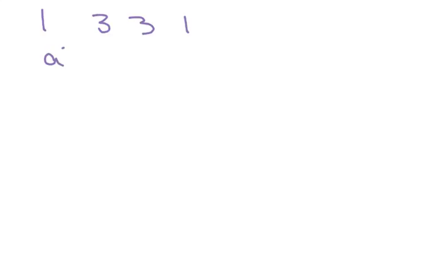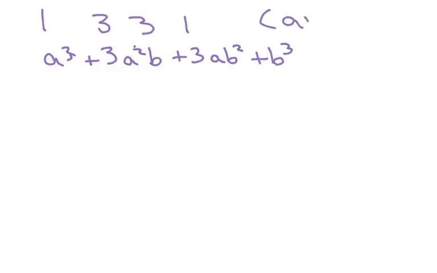So that's a cubed plus 3a squared b plus 3ab squared plus b cubed. This was a plus b cubed.